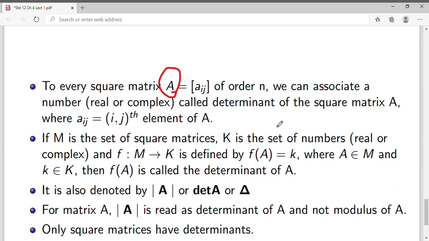For this, we can find the determinant of A, which gives us some real number.